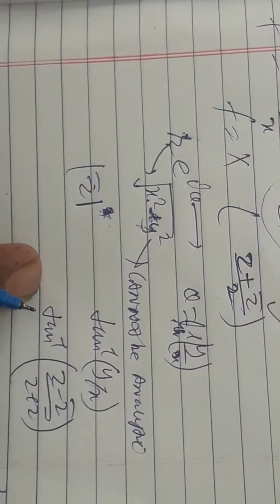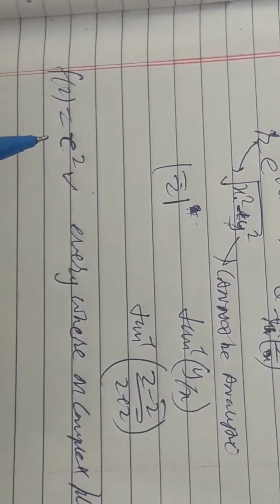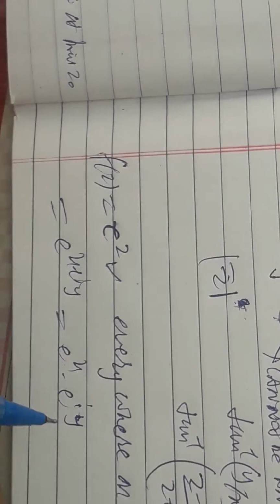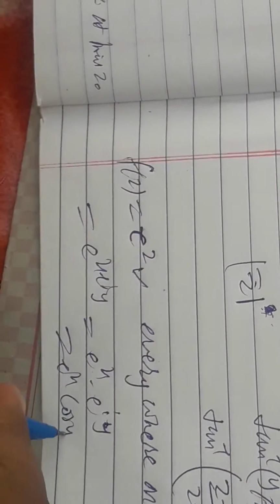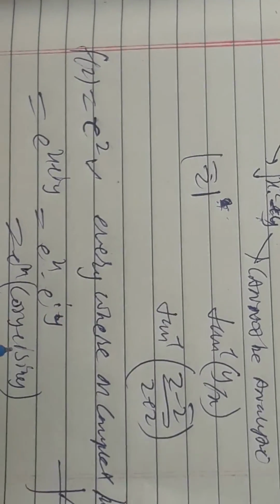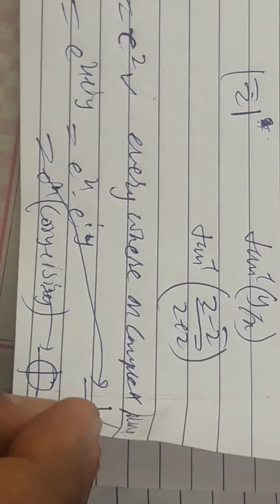And it maps onto a circle in the omega plane. e to the x plus i y equals e to the x times e to the i y, where e to the i y equals cos y plus i sin y. The e to the x portion maps into a ray in the omega plane, and the e to the i y portion is mapped onto a circle in the omega plane.